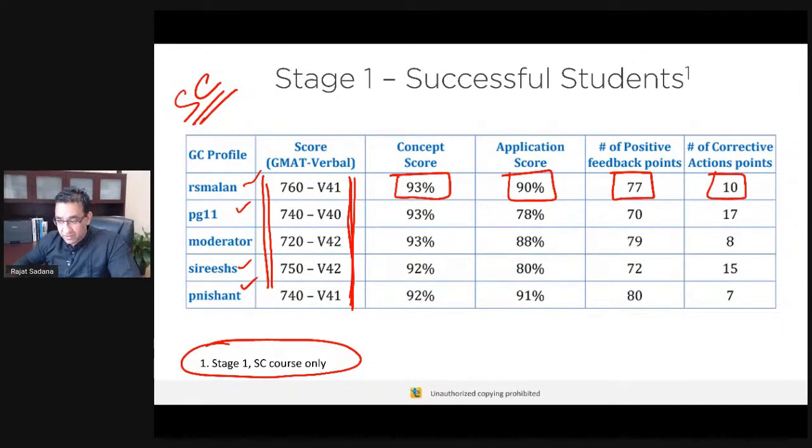Rohit Malan, an IAS officer from India and a GMAT Club moderator who improved from a V27 to a V42, got 8 corrective feedback points, and each feedback point is an accumulation of 30 minutes of learning on the platform. Sirish, who also got a V42, got 15 corrective action points, and they used those points to focus and correct the mistakes they were making.